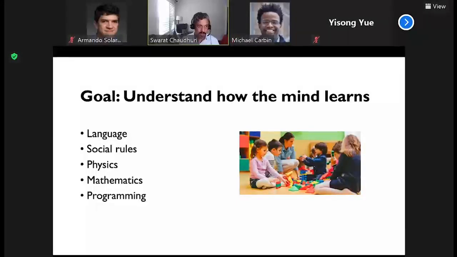And so when we think about how the mind picks up new concepts, new languages, new social rules, how the physical world works, rules of mathematics, programming, all of these skills, there is a computational process going on there. And what we are trying to do over here is to capture that computational process in code.